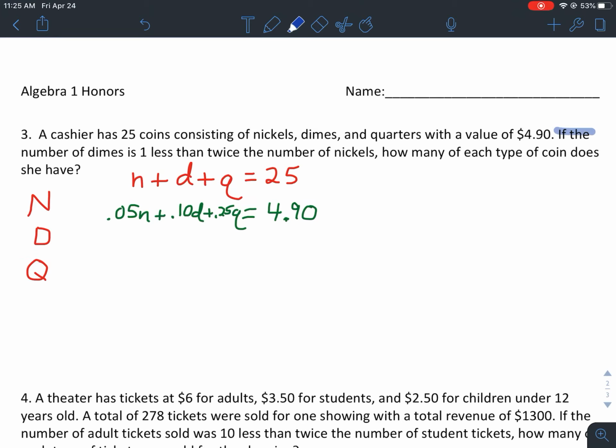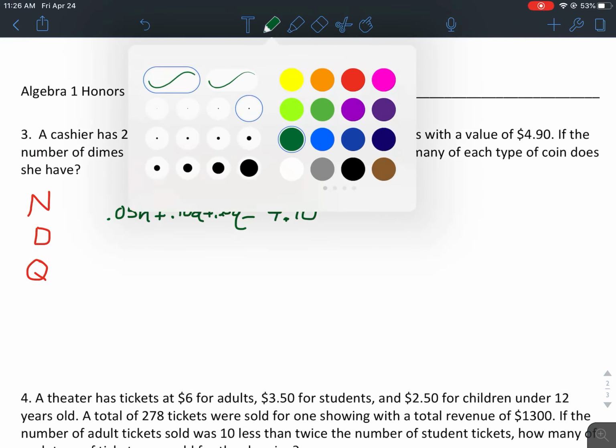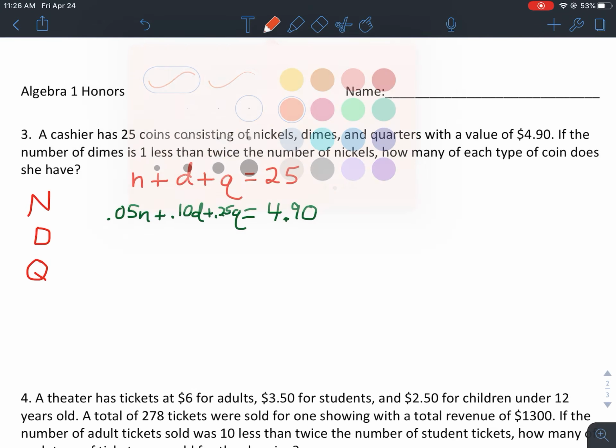And then the next sentence says, if the number of dimes is one less than twice the number of nickels. So let's think about that. The number of dimes, we know "is" in math means equals, so the dimes equal one less than twice the number of nickels.